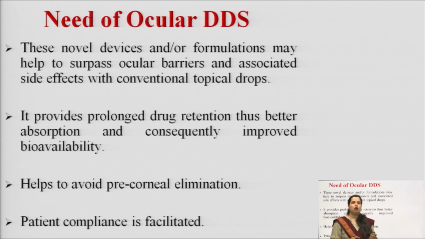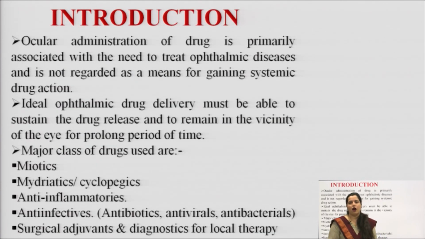First, I told you about ocular drug administration and why it is important, as the conventional dosage form for ophthalmic delivery is unable to give the efficient or required response to the eye.